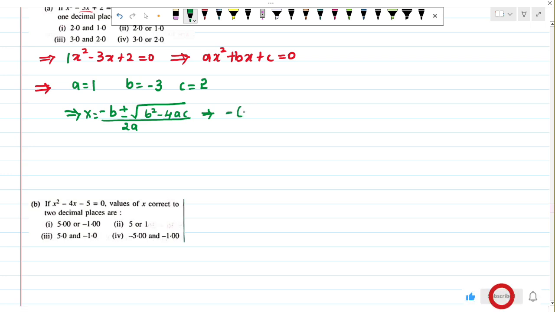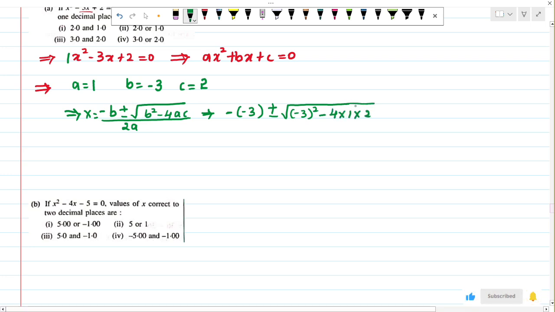b is minus of minus 3 plus or minus root of b square. What is b square here? Minus 3 whole square minus 4 into a is 1 and into c is 2. So divided by 2 into a is 1.